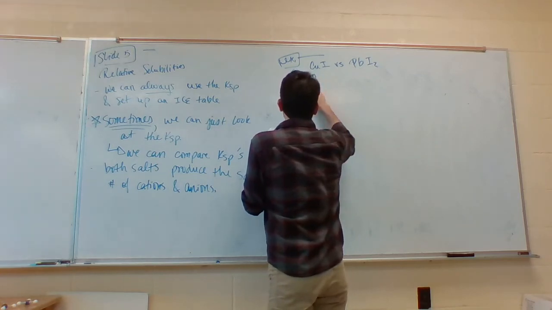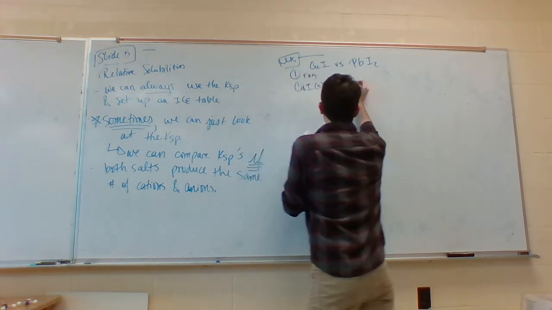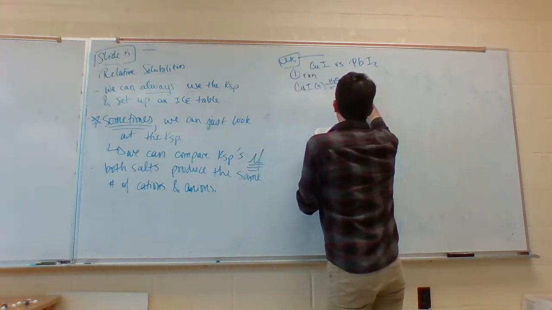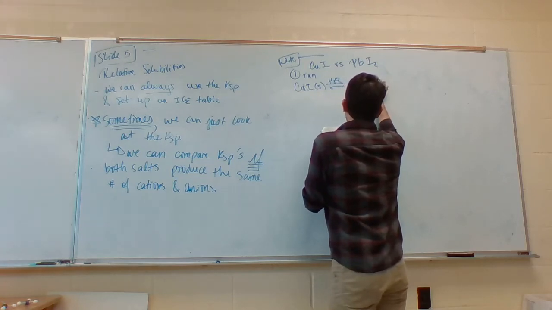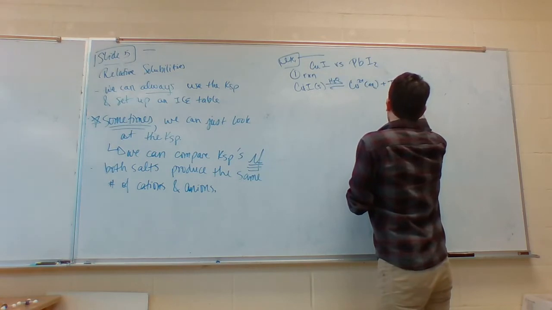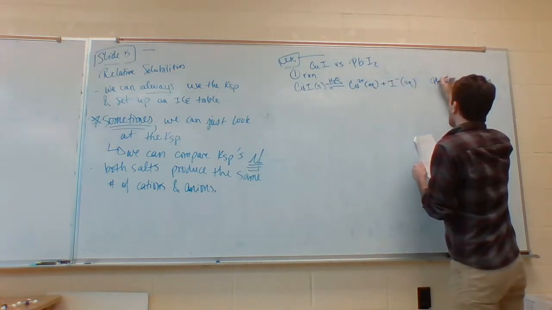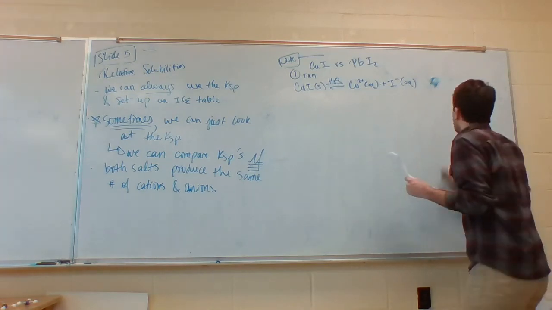So I have copper iodide, put it into water. Then I've got Cu2+ aqueous plus I- aqueous, okay, versus Pb, and I'm going to write that down on our next line.